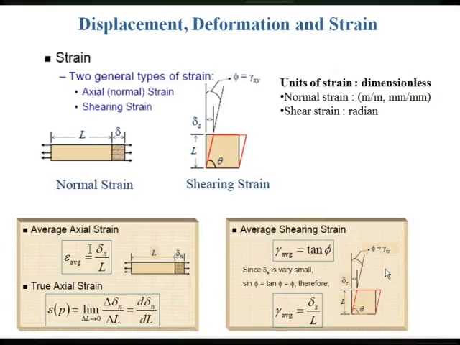In a 3-dimensional body, we can define 2 different types of strains. One is the normal strain.